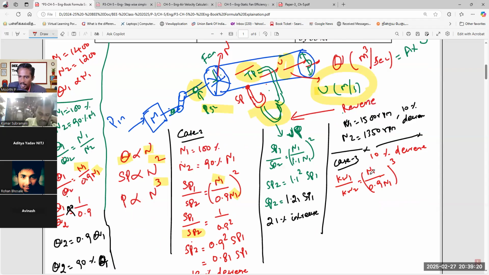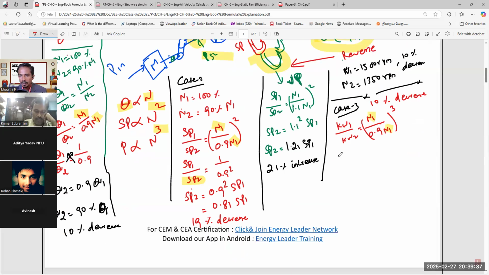Do you understand this point? N1 divided by N2, where N2 equal to 10% decrease means 0.9 of N1. So now N1 cancels. Now tell me the value. 1.37.